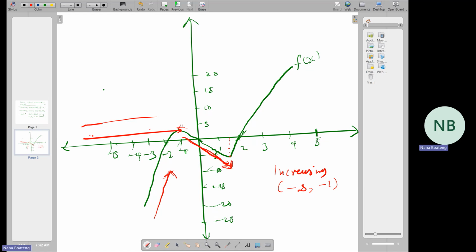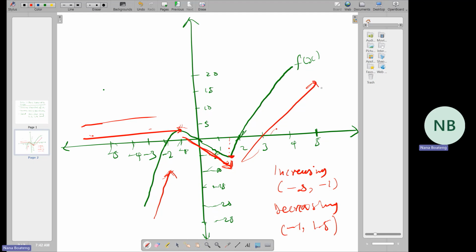And so this function is also decreasing on negative 1 to positive 1.5. And you can see that when it gets to about positive 1.5, it begins to go up again.